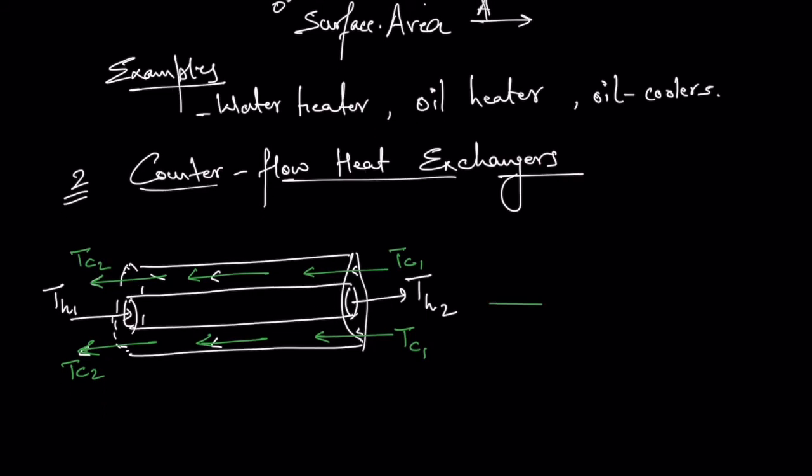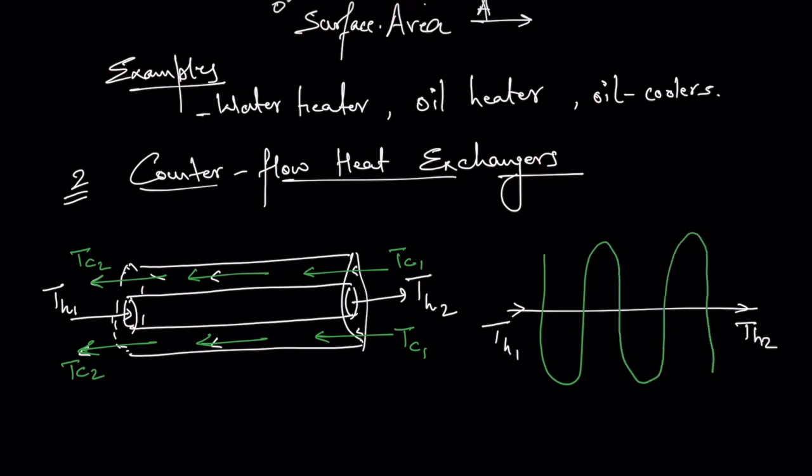And if you draw the line diagram, this is the hot fluid going left to right, TH1, TH2, and the cold fluid going in the opposite direction, TC1, and this is TC2.